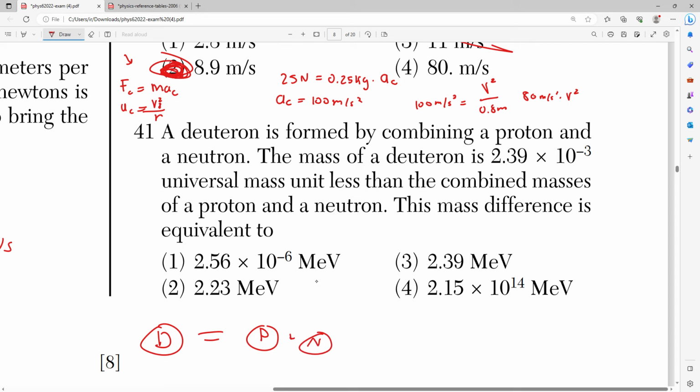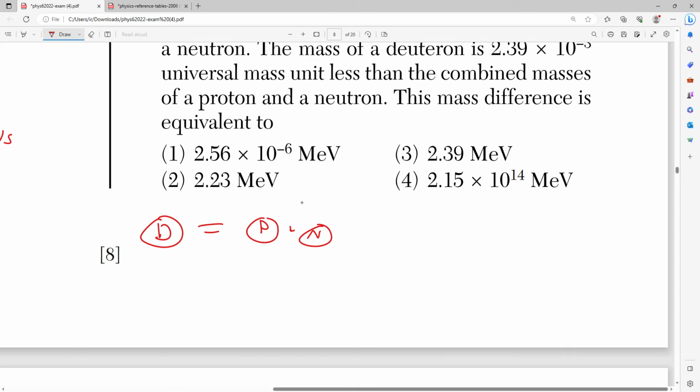And when we form this D, it is 2.39 times 10 to the negative 3 universal mass units less. This side has less mass than this side.